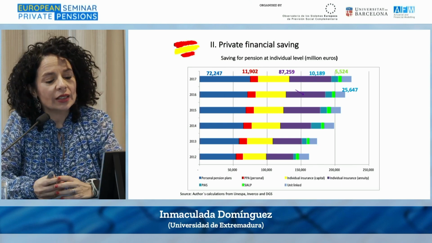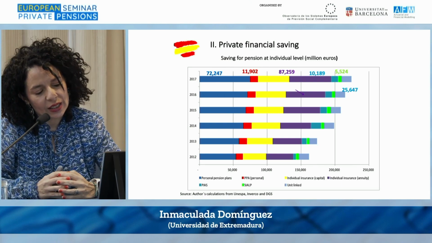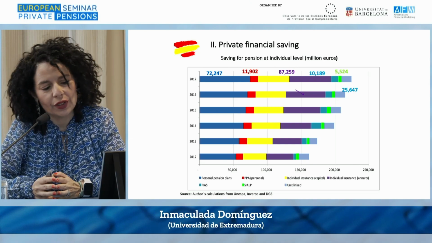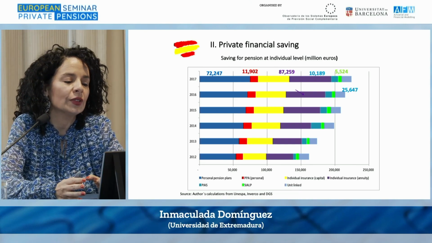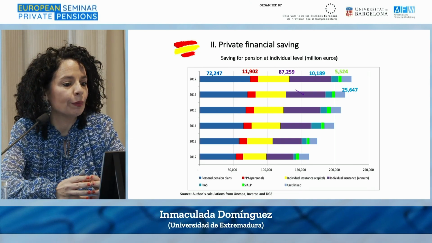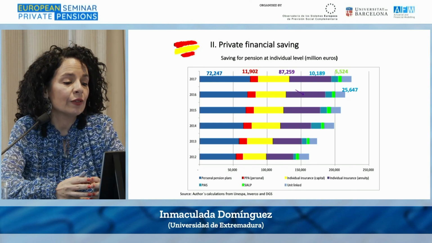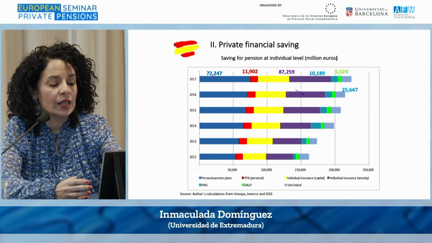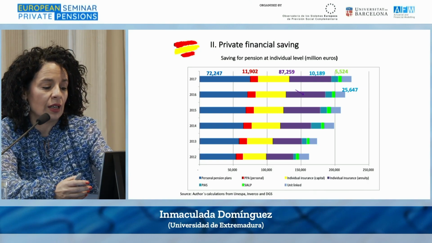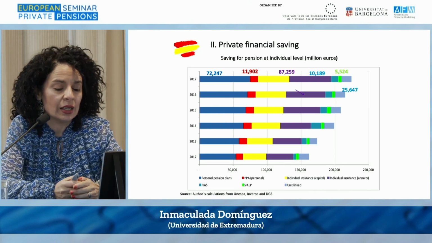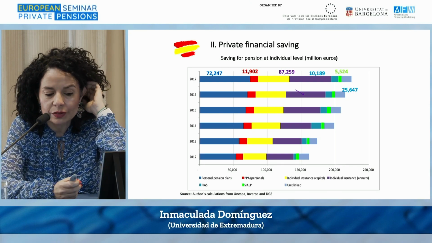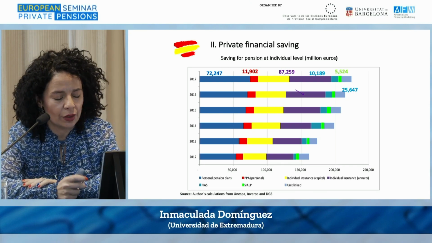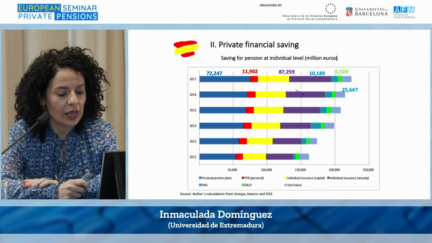It's important, I would like you to see this graphic and the following graphic. In this graphic, you have the amount that people save from the individual point of view, at the individual level, okay? In the graphic, it goes from 0 to 215 million euros.